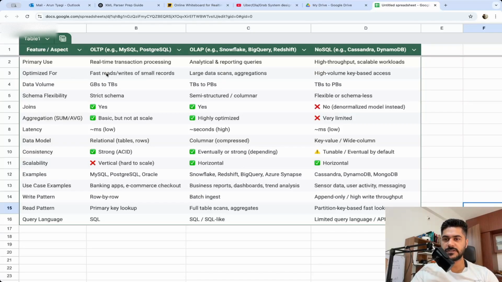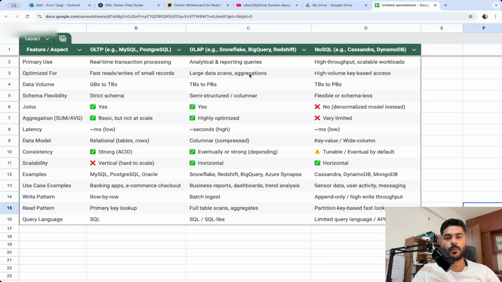What it is optimized for: fast read and write both, but again, it will not scale. Fast read, but not like 1 petabyte of data generated from your application. Then for large data scans, your OLAP, your Snowflake and all can definitely manage.